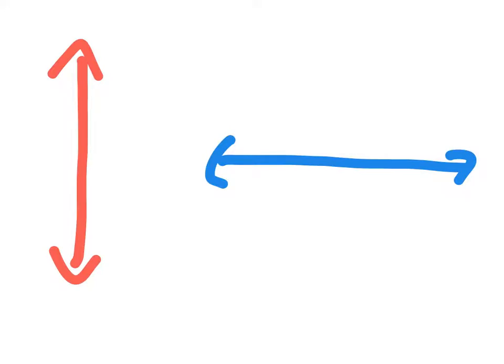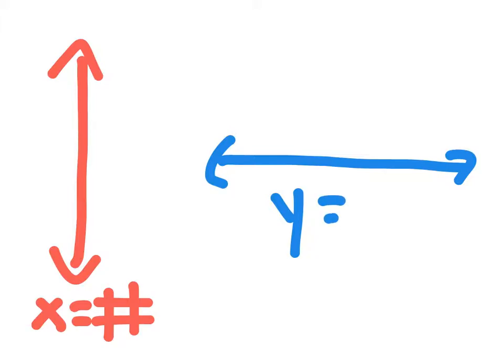Okay, if it is vertical, the one variable it's going to include is x, and your equation looks something like x is equal to some number. Okay, and then for the horizontal line, the one variable included is y, and the equation looks something like y is equal to some number. So just remember, in those two special cases, your equation will only have one variable in it. For all the other ones, there will be two variables.